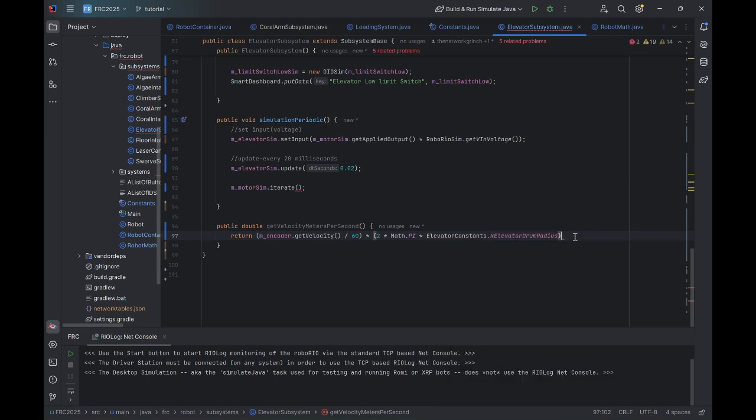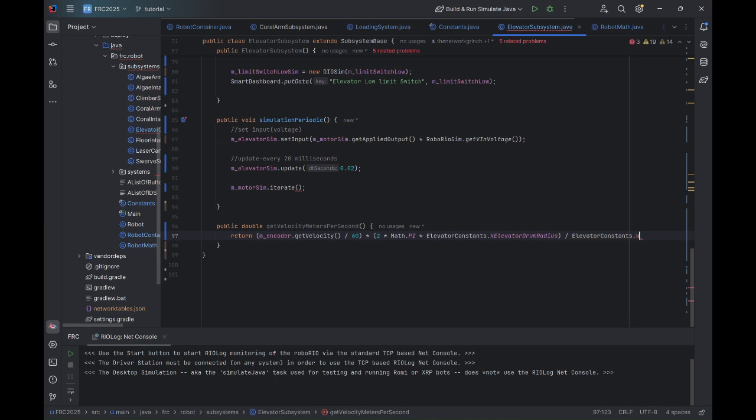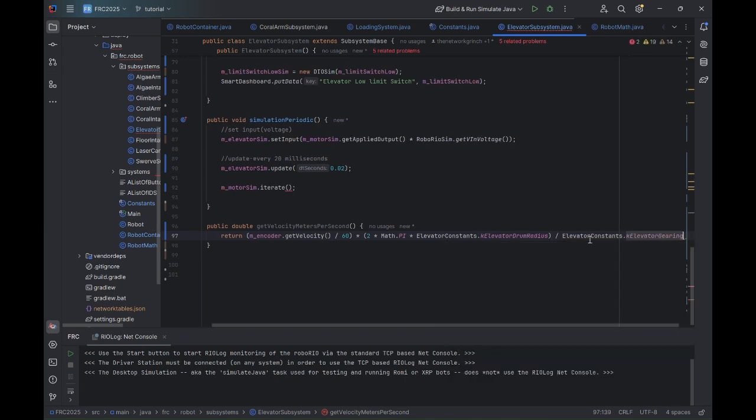Okay, and that's not done, because if you remember, we also have the gear ratio, so it should be divided by the elevator constants, the gearing.